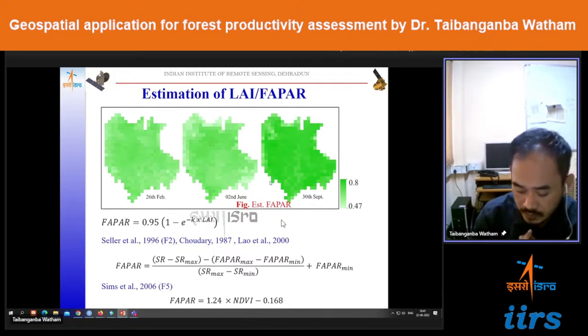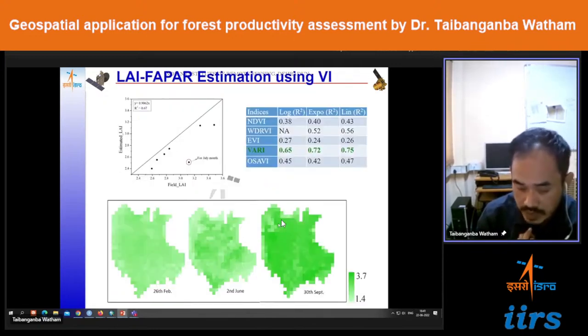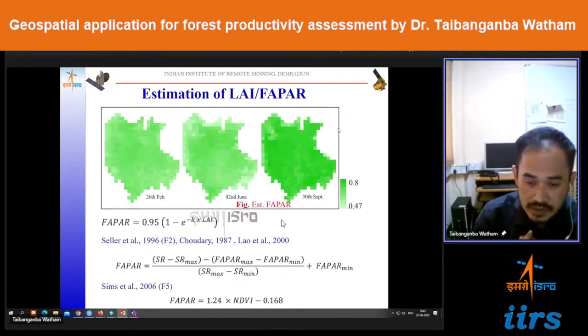For the same thing which I have shown here, from the LAI we have estimated the FPAR for this Burkot area. Other than that, people have used the simple ratio or the NDVI, or a combination of simple ratio as well as NDVI, for estimation of FPAR. Or based on field measurements, they have developed their own equation to estimate the FPAR value based on the NDVI.